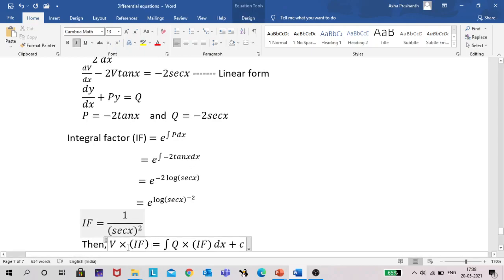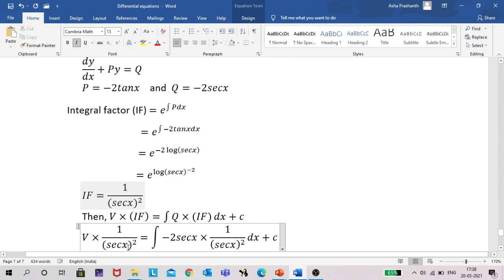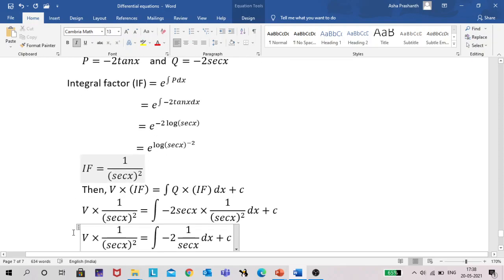After finding the integral factor, we can find the general solution: v into integral factor equals integration of q into integral factor dx plus some integral constant. Clear? So I'm substituting the integral factor value, and q is minus 2 secant x.